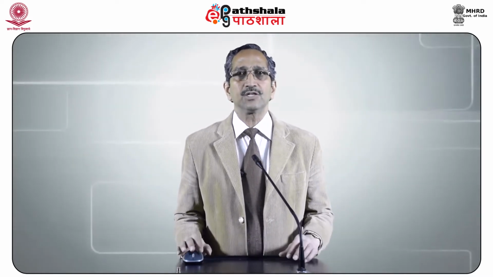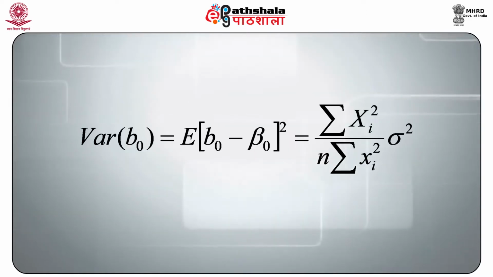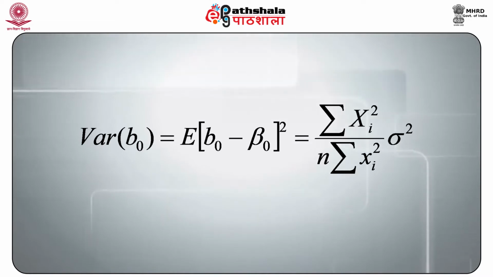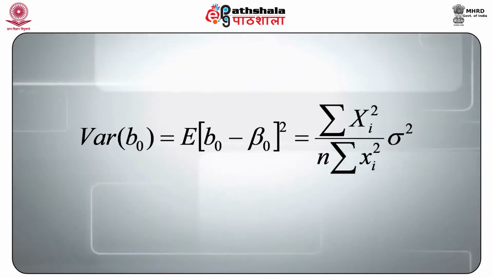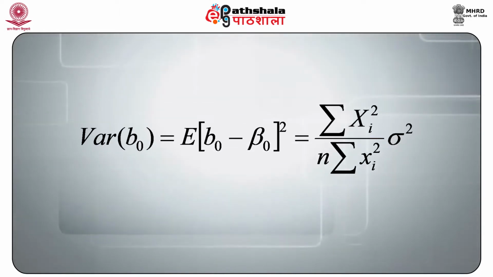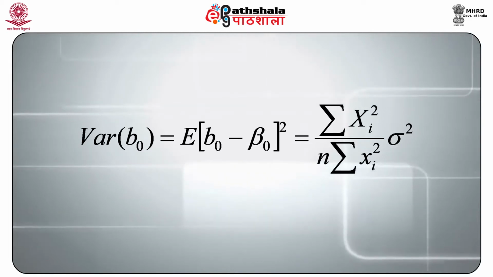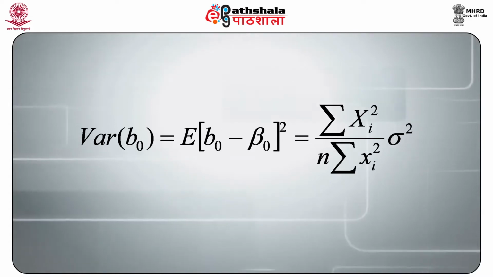Similarly, it can be shown that the variance of the intercept term, which we have denoted as B0, is equal to expected value of (B0 minus beta 0) whole square. This I am sure you would recollect we have calculated is equal to summation Xi square upon n summation small xi square, into sigma square.